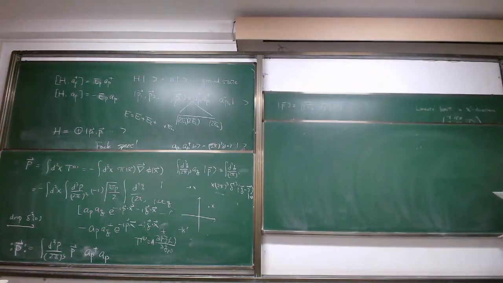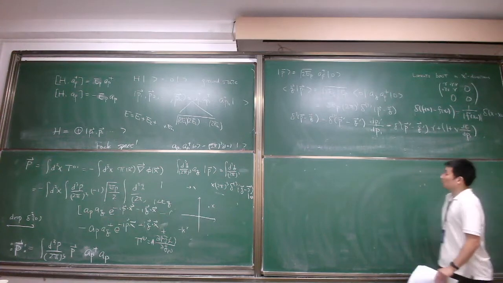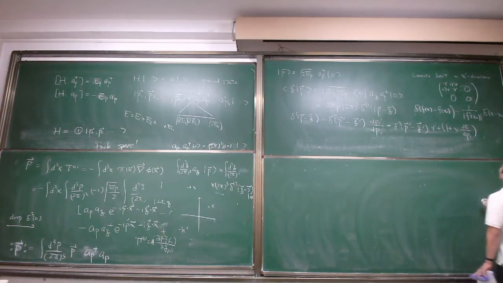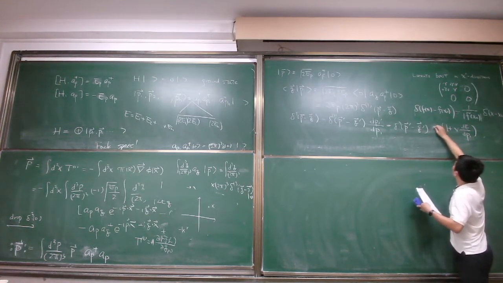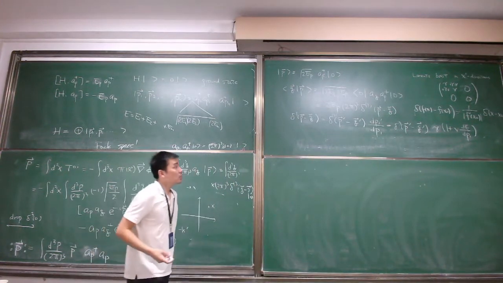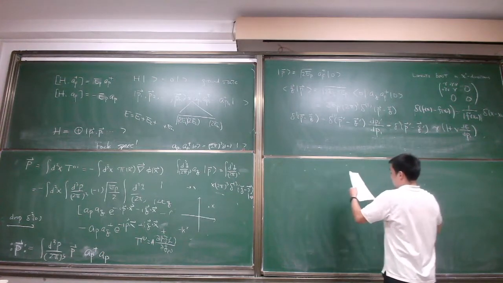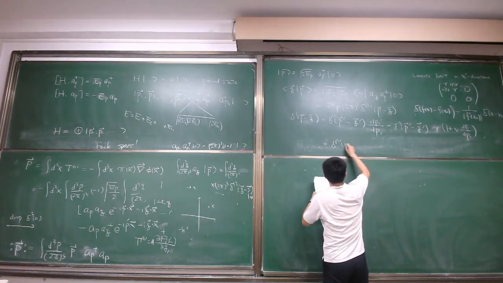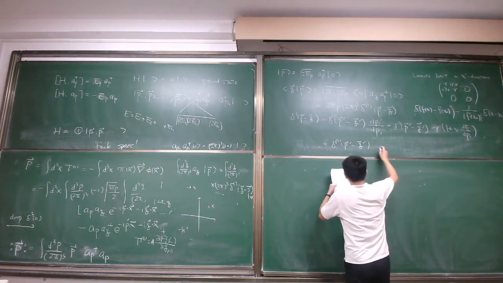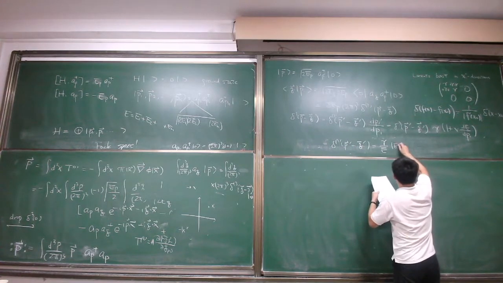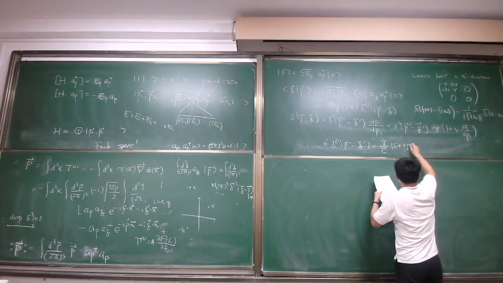So gamma times this one. Then what you get is that this is equal to delta of p prime times q prime, and this is equal to gamma over E, and then E plus b p1.